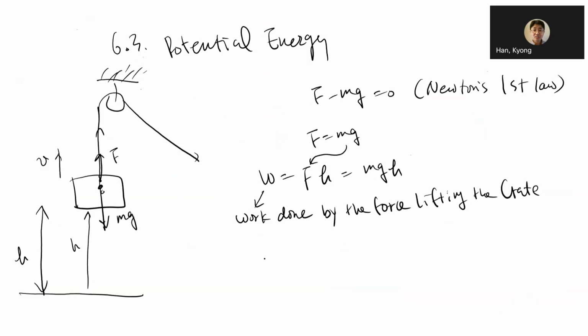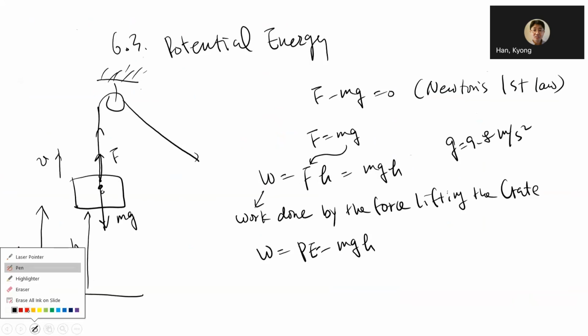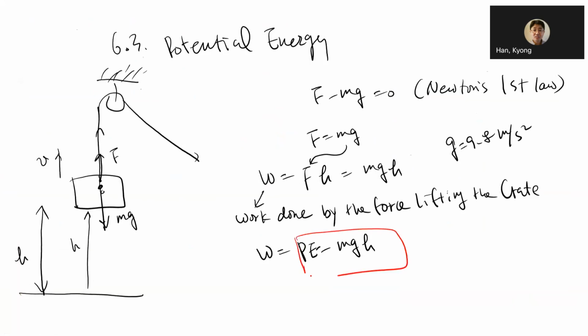This is exactly the same as the potential energy. Potential energy equal to just mgh, mass times g, where g is the acceleration due to gravity, 9.8 meter per second squared.